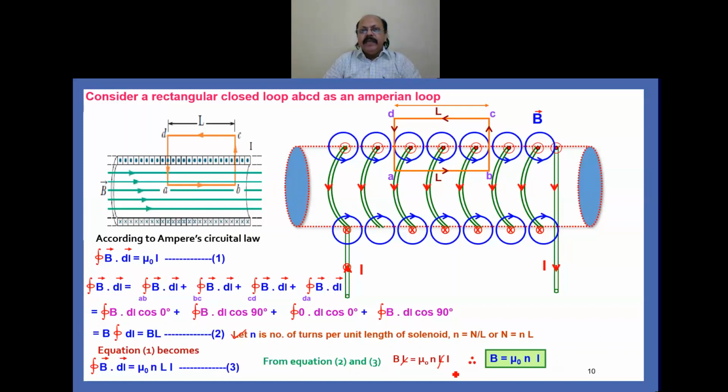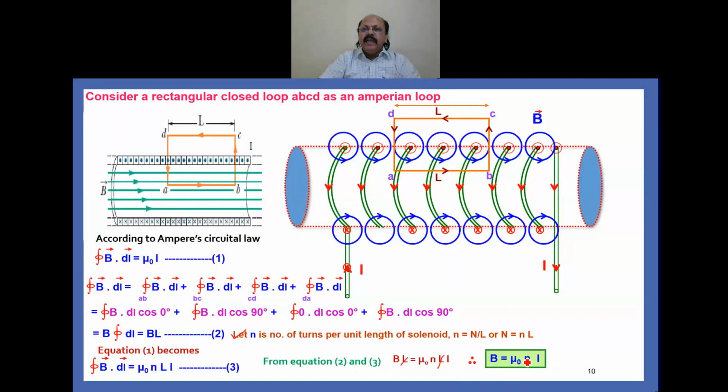At present the solenoid which you have taken is an air core solenoid. Inside the solenoid there is no medium. It is free space, vacuum, or we can say air. So that's why it is called an air core solenoid. If there is a medium, then this equation gets changed, and in place of mu naught, it comes mu naught mu r.